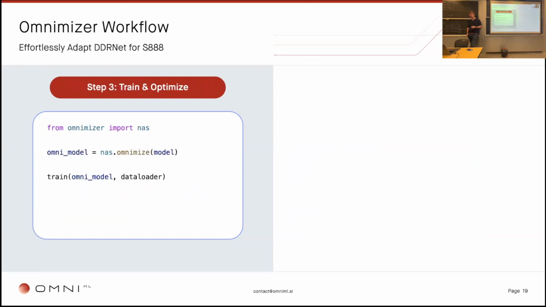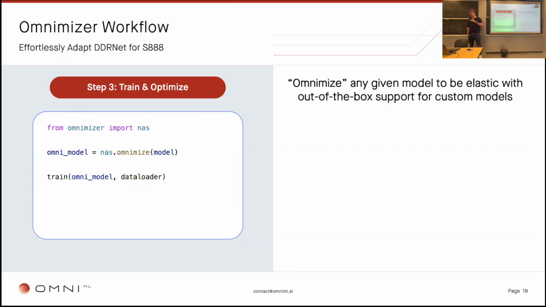All right, yeah, and then the third step in our idealized pipeline is when you get to the training part. And just like before, we actually provide you with a simple one-liner that makes your model what we call elastic or flexible. So essentially after that line, you get a model which is kind of like a search space.